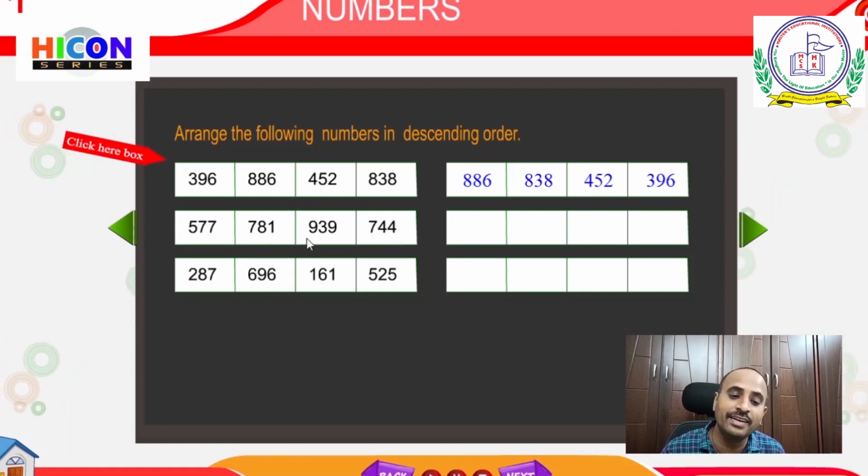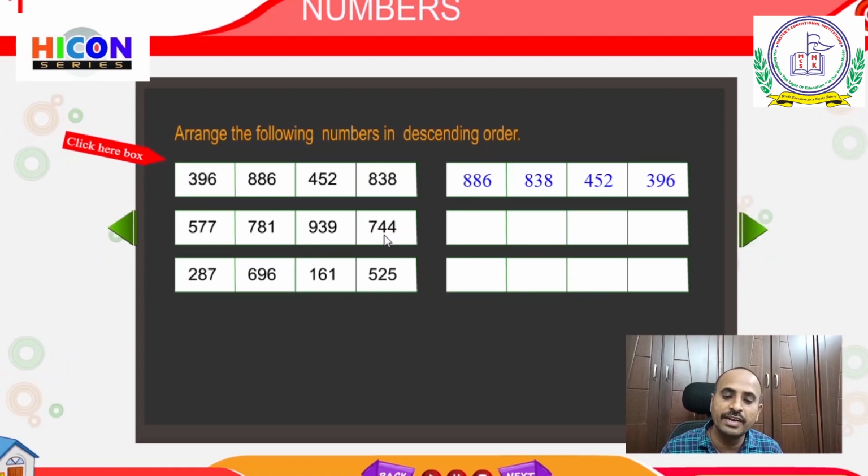Now compare the second digit in these two numbers. So in 781, the second digit is 8. In 744, the second digit is 4. So which one is greater, 8 or 4? 8 is greater.